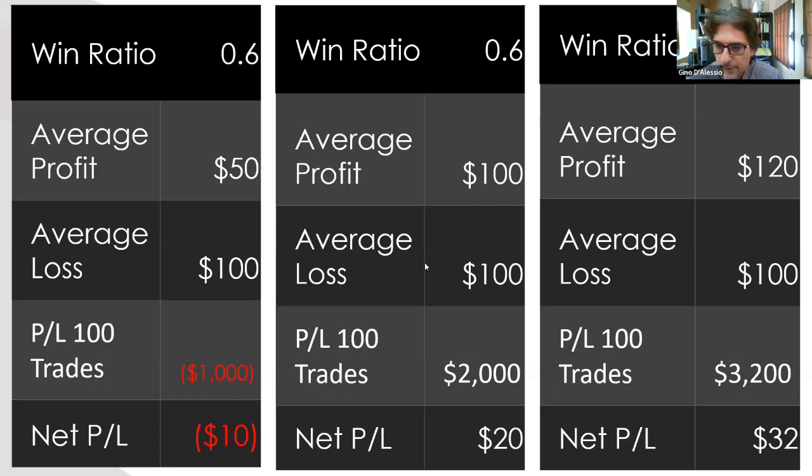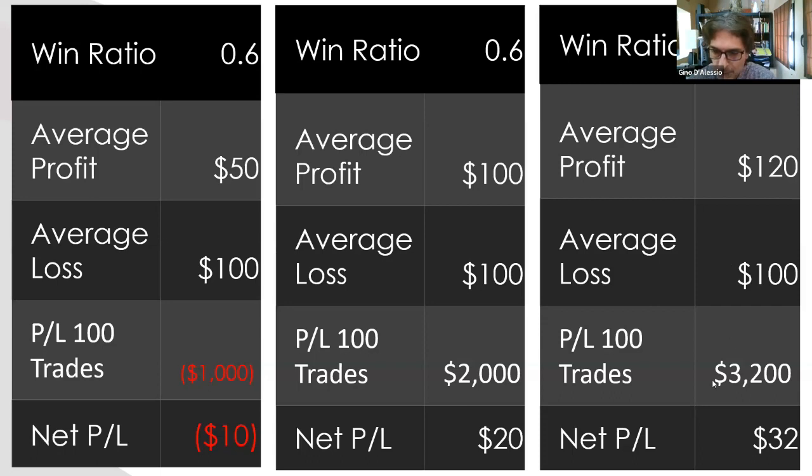So going on to the third table, are there people with their hands up? Okay, I'll let you ask me a question in a second. Just let me finish this last table. We have a win ratio of 0.6 again, but we have an average profit of $120 against an average loss of $100.